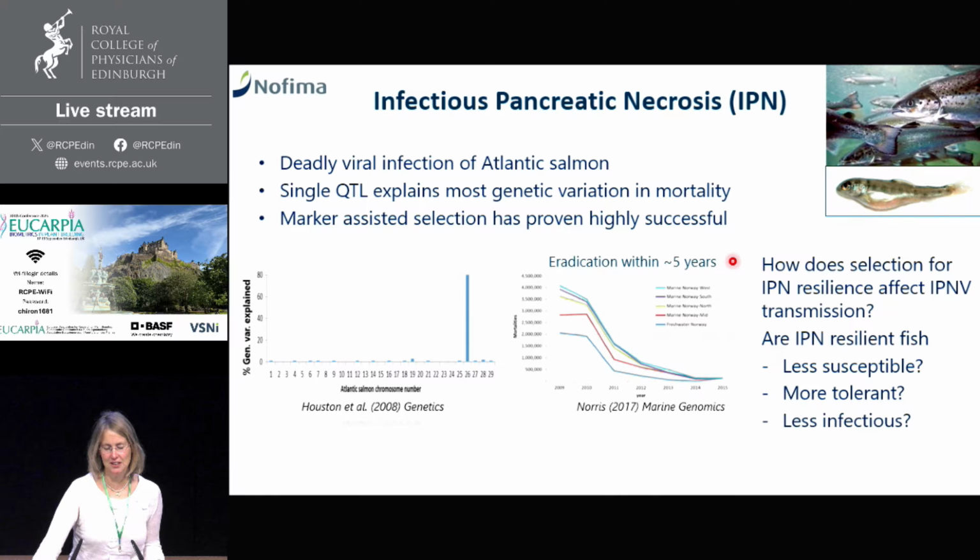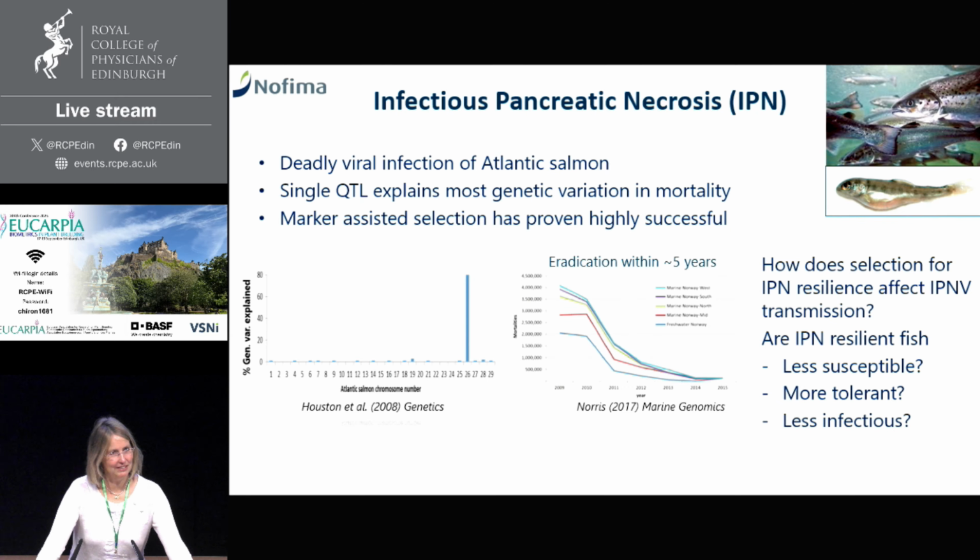It caused very high mortality rates until they found a QTL that explains almost all of the genetic variation underlying mortality in freshwater and at sea. And of course, they selected on it. They didn't even know exactly what gene was underlying it, but they started to select on that QTL. And lo and behold, they almost managed to eradicate that disease within 5 years. So, massive success stories.